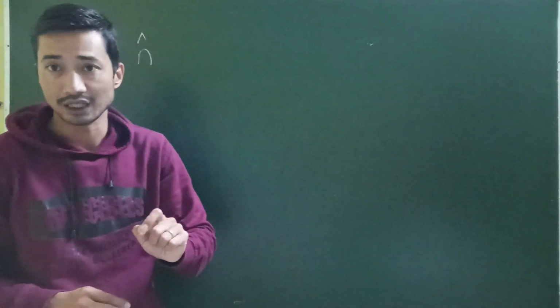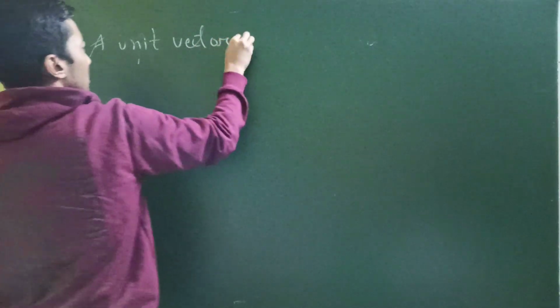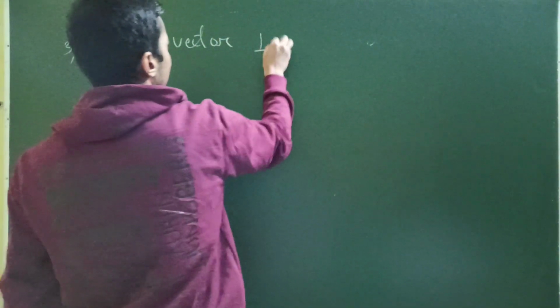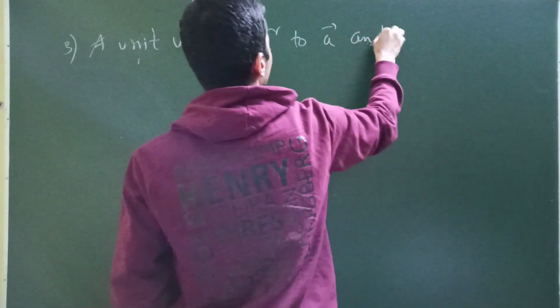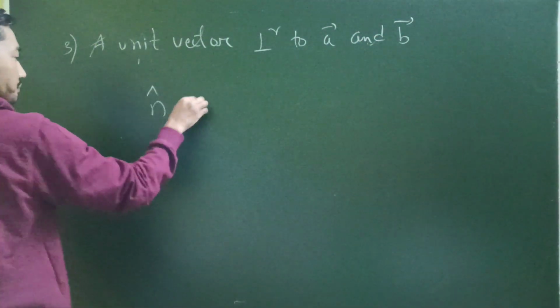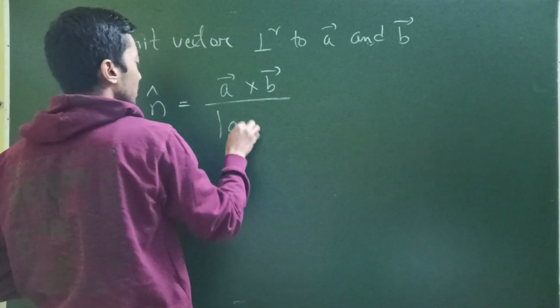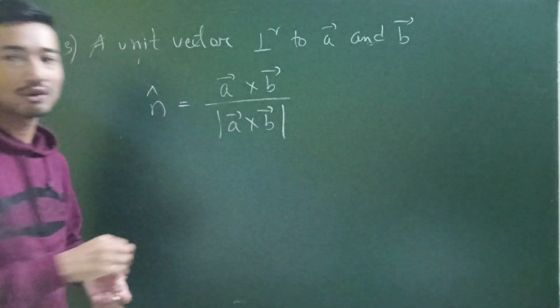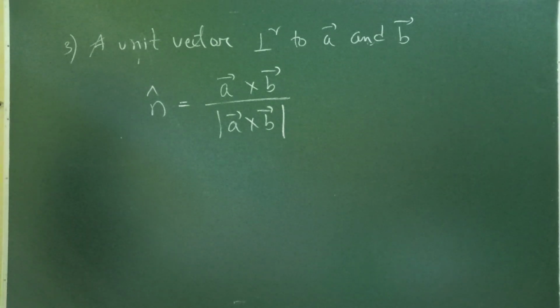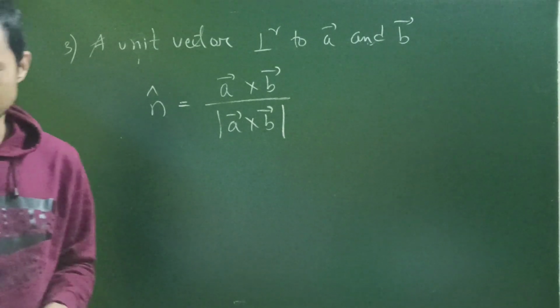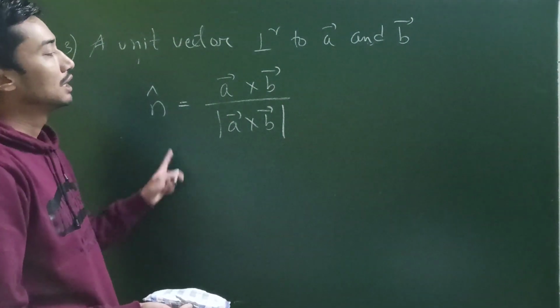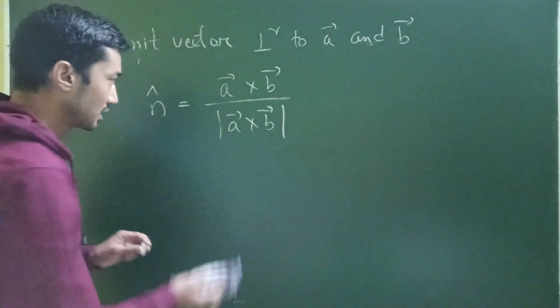Sometimes the question is, find a unit vector which is perpendicular to both vector A and vector B. For that I'll just give you the formula: n cap will be equal to A cross B divided by magnitude of A cross B. So this will be the formula that you will be using if you are told to find a unit vector perpendicular to two given vectors, and that will be given by n cap equal to A cross B divided by magnitude of A cross B.